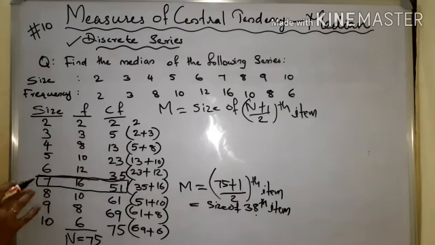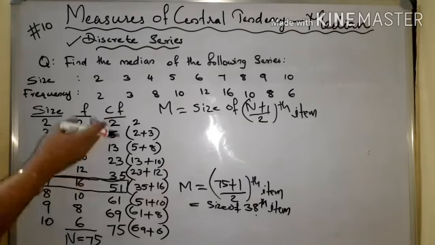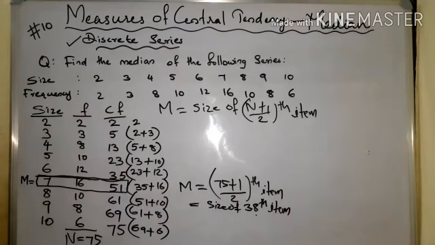So our median value is equal to 7. From where are we considering the value? From the variable or items, not from the frequency. We find out the size of this particular item from the cumulative frequency.